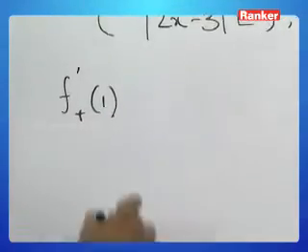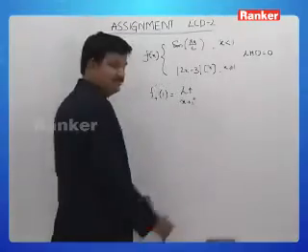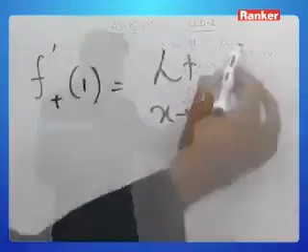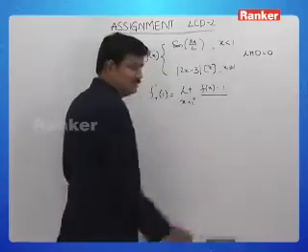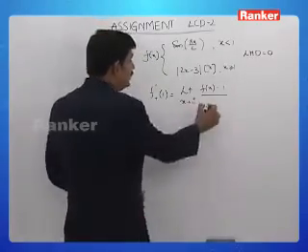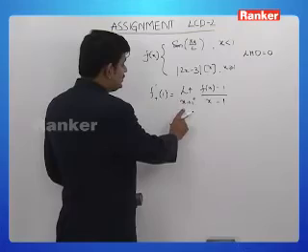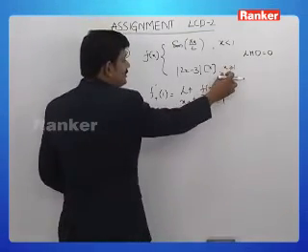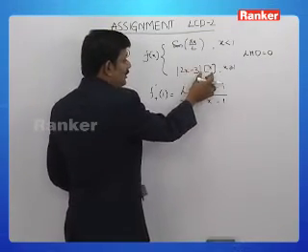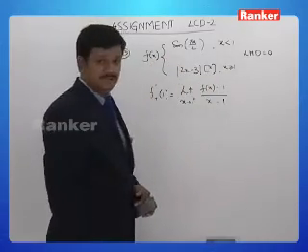Right hand derivative is given by limit x tending to 1 plus f of x minus f of 1. F of 1 we have seen it is equal to 1, divided by x minus 1. And as x tends to 1 plus, x is slightly more than 1, and when x is slightly more than 1, f of x is given by this definition, mod 2x minus 3 into step x.